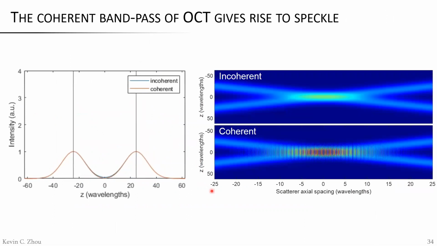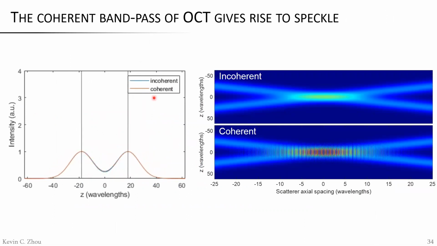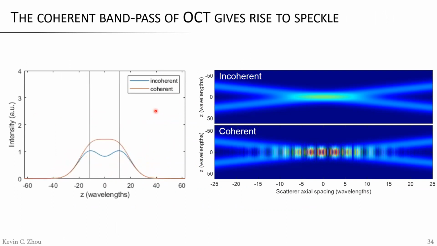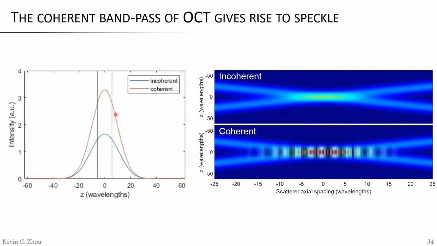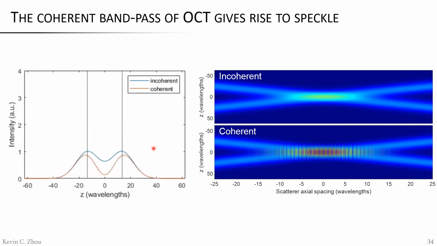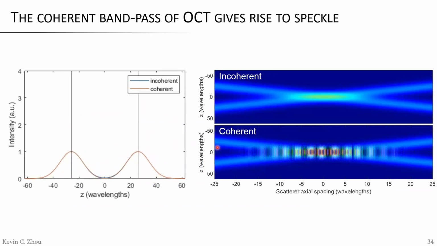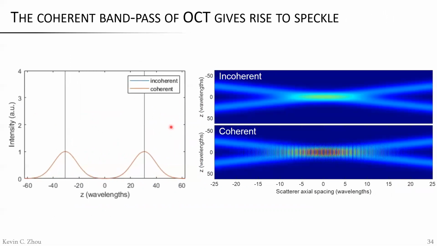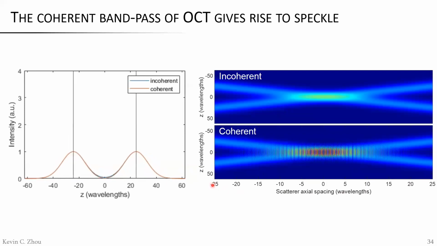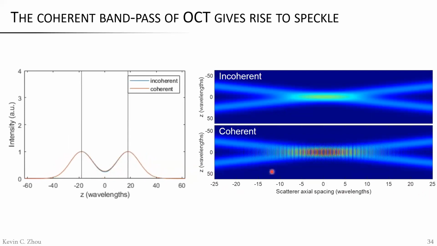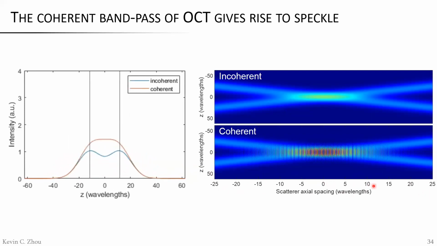So here's a comparison of the coherent versus incoherent model for two closely axially spaced reflectors, as denoted by these vertical bars. For the incoherent terms, you have an incoherent low-pass point spread function. And on the right, I'm plotting the same thing as on the left, but with the separation as the horizontal axis.